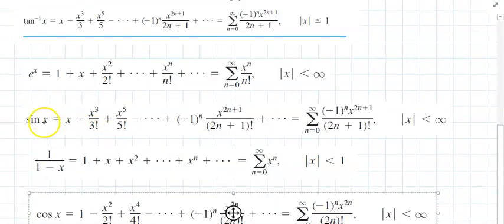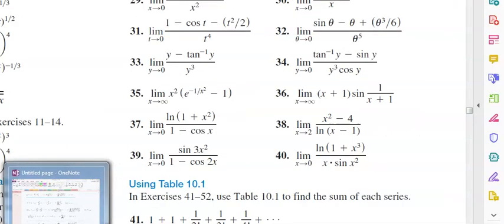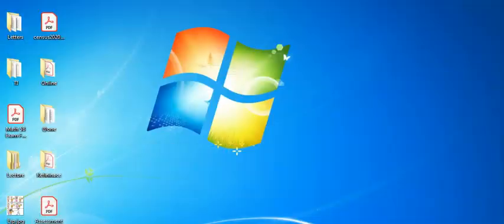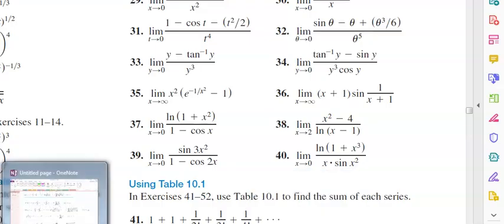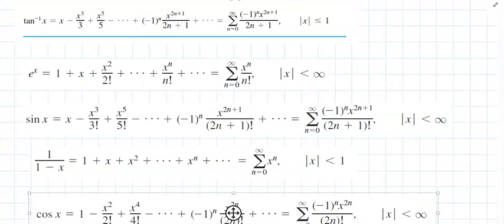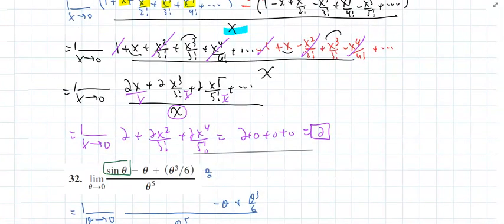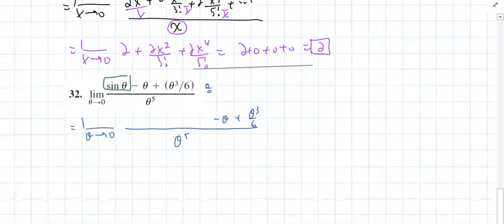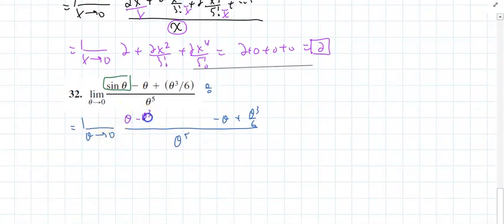So sine of theta is theta minus theta cubed over 3 factorial plus theta to the 5th over 5 factorial minus theta to the 7 over 7 factorial plus, and so on. So that's what this sine will equal.